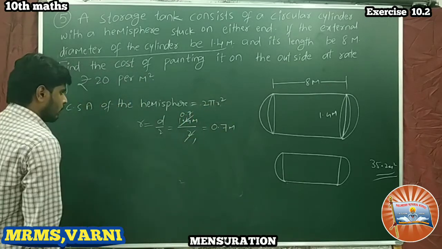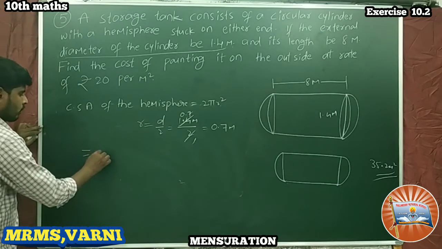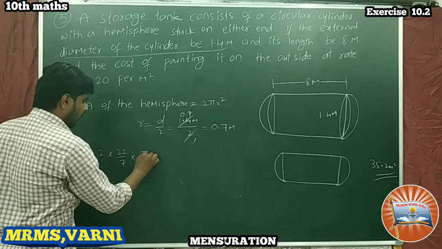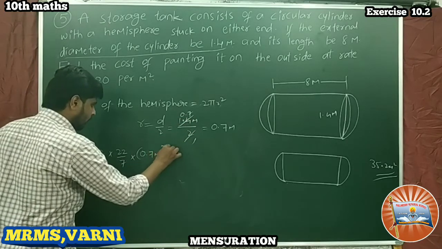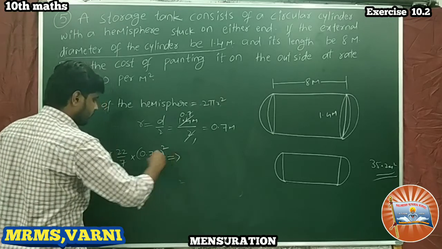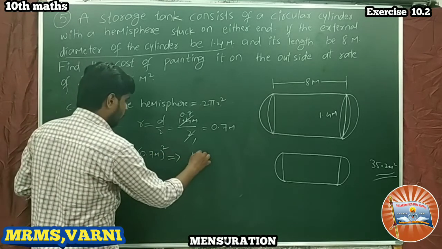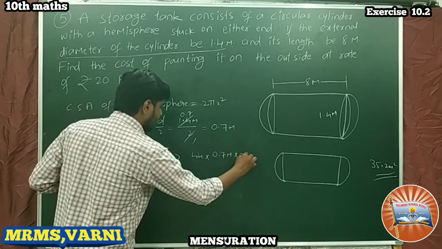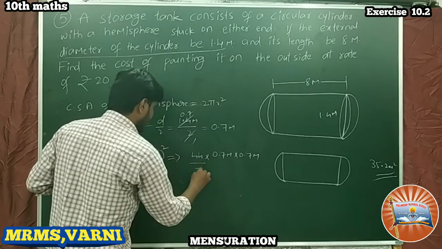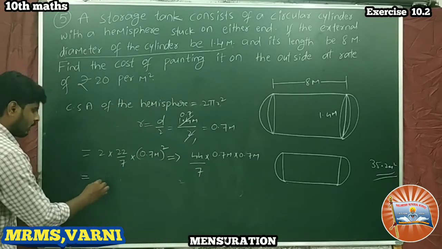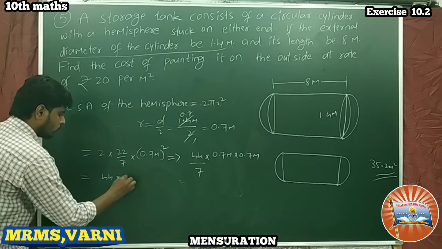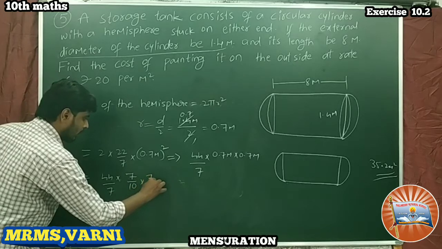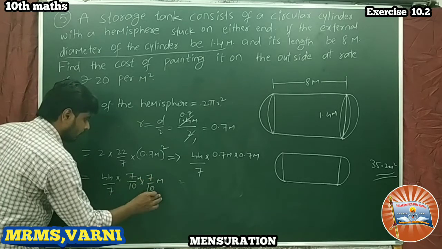Okay, right, r value same, so substitute the values: 2 into 22 by 7 into r value 0.7 meters whole square. So what becomes, it is 44 into 0.7 meter into 0.7 meter by 7, that we can write 44 into 7 by 10, and here it is 7, and 7 by 10, meter into meter.